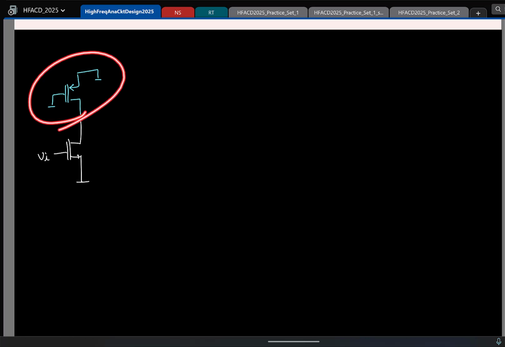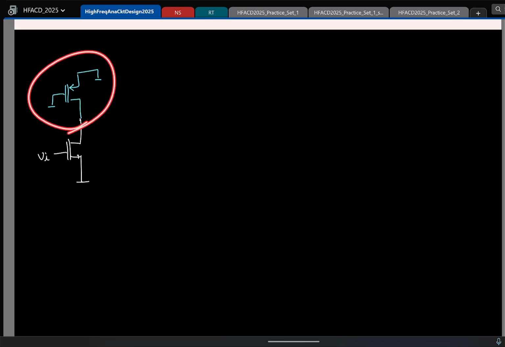So we decided to have a PMOS transistor like this. I'm drawing the small signal picture. So this is the current source, and you had the main transistor here, right? So now we know that this is not an ideal current source. It has some output resistance r0. So that's what limits the gain.